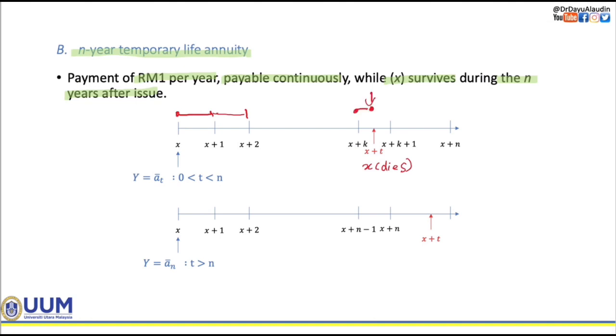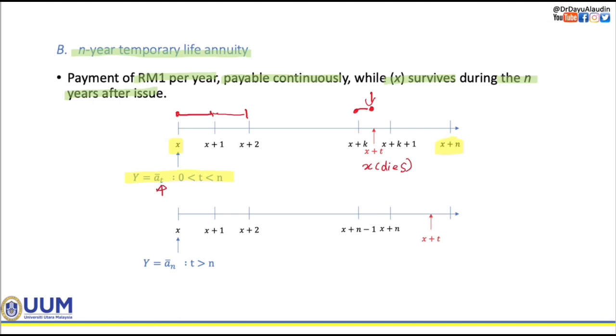So Y is equal to a_T because the time of death is between 0 and N years. The payment will be made until T years.